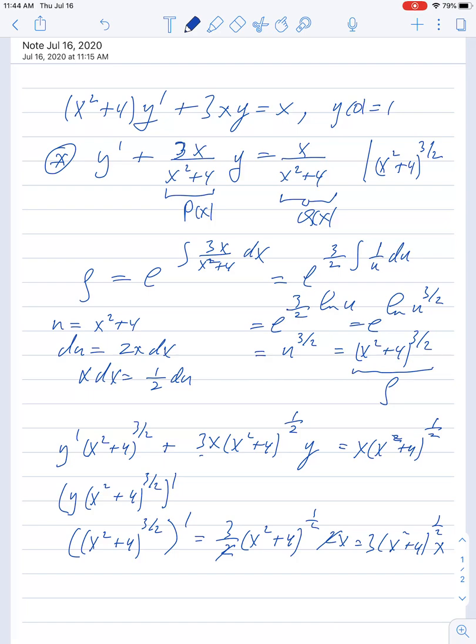So I can rewrite the entire equation this way: y times x squared plus 4 power 3/2, all prime, equals, here multiply and divide by 3, so this will be 1/3 times x squared plus 4 power 3/2, all this prime.